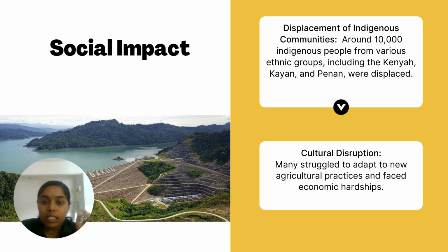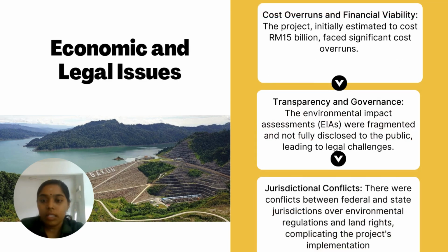Second is cultural dispersion. Many struggle to adapt to new agricultural practices and face economic hardship. This is because when they have to move to a new place, they have difficulty adapting to it.